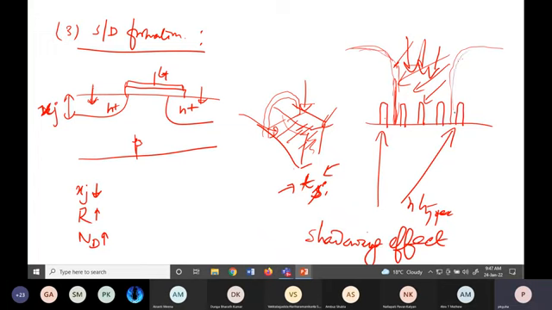So this is known as shadowing effect, and one way to get around that is known as plasma doping. Plasma doping is less directional compared to the conventional ion implantation approach. So people can use plasma doping, but this is another challenge, you see.